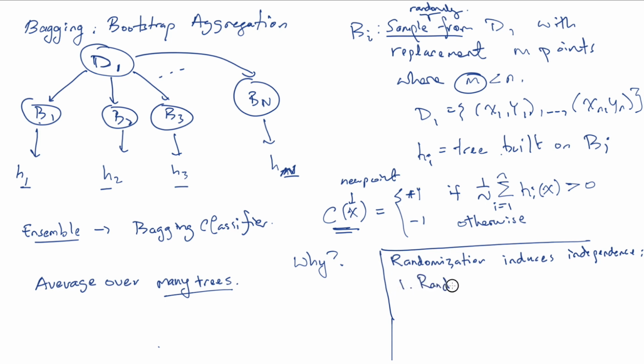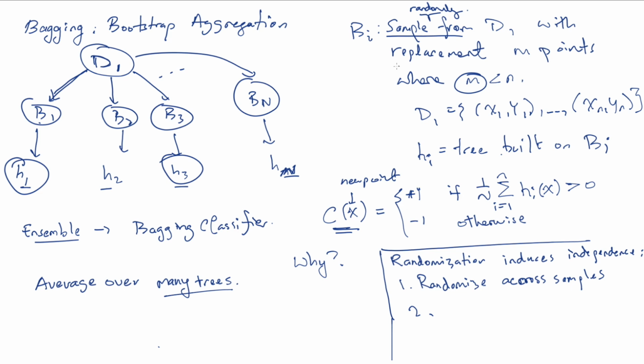Randomize kind of across the samples, right? Which means that we pick from the original data set, we pick small subsets of data randomly, so that the data that H1 is trained on is really different to the data that H3 is trained on, et cetera, et cetera.